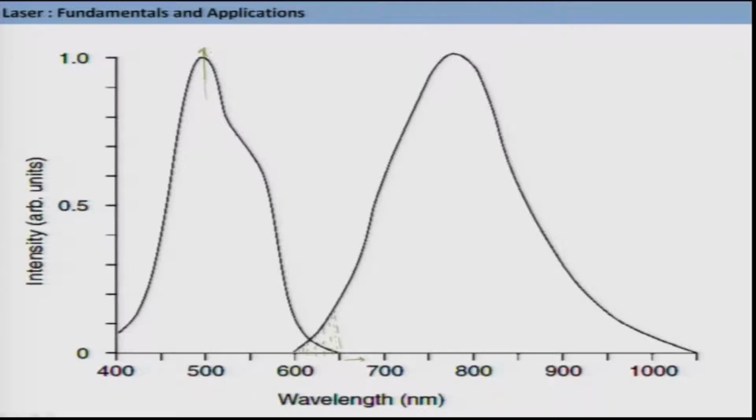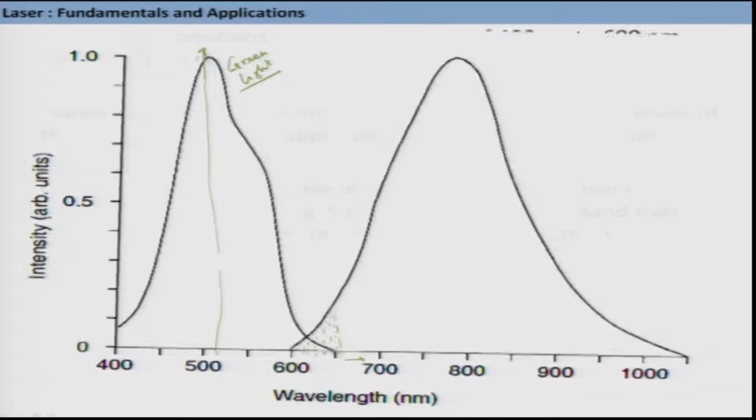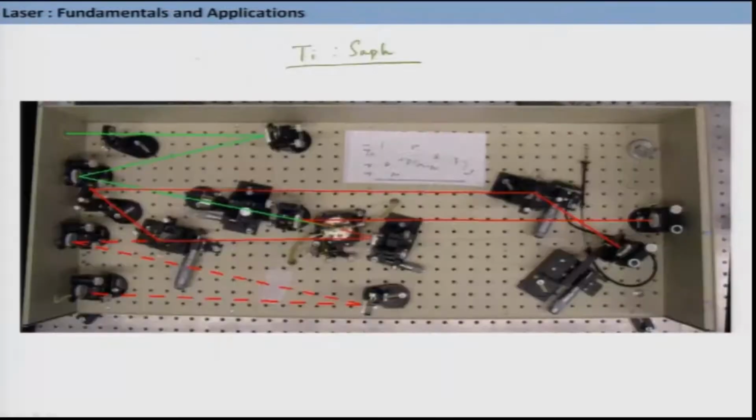So this corresponds to green light, this 500 or 530 range. Maximum excitation can be achieved if you excite at the absorption maxima or near that region. If you do that, then you get maximum fluorescence also.